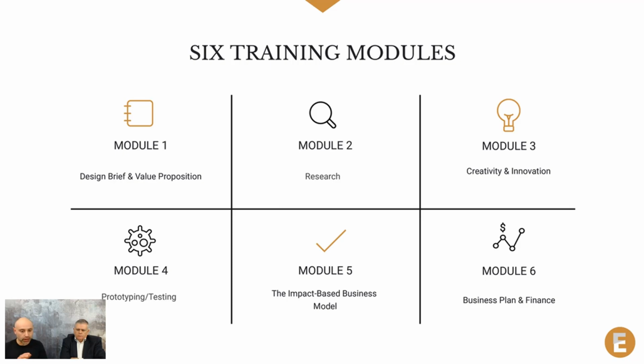After we have prototyping and testing, the design process is kind of finished. What we have to do now is spend a few hours to make sure that all the effort we put into the design process is actually part of a business model. It doesn't really matter what you want to do.